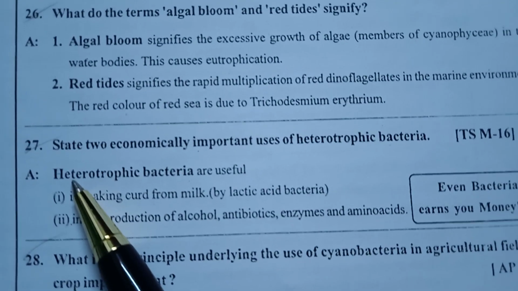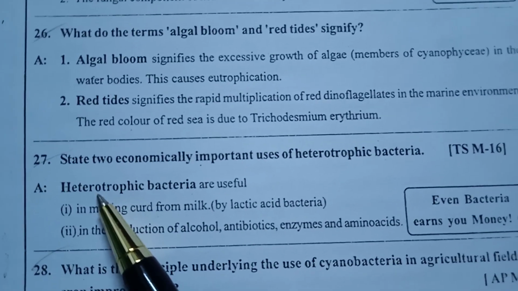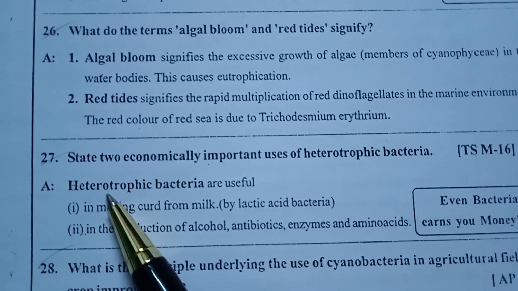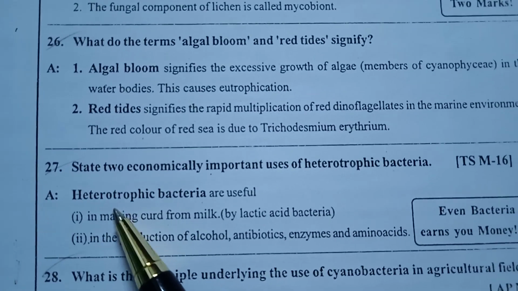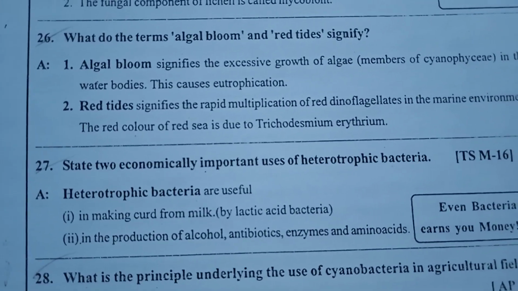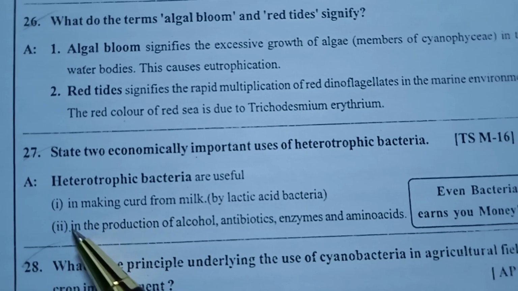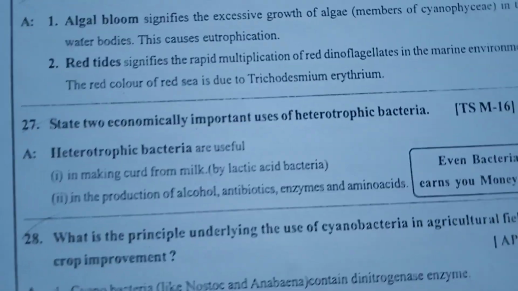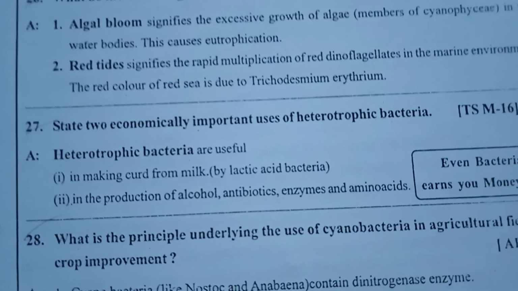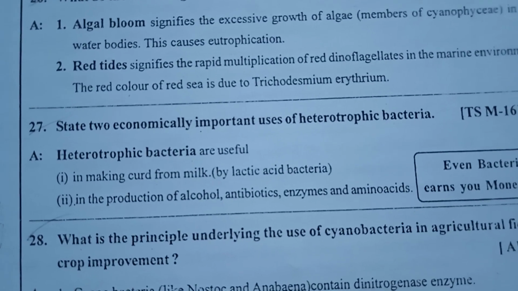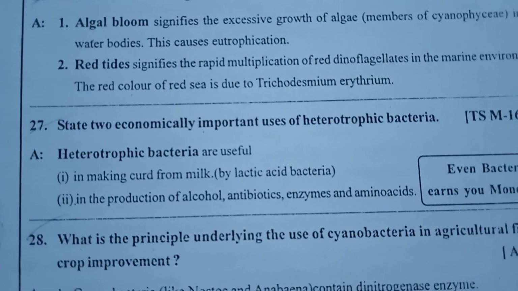It depends on others, but it has useful things also. What are the useful things that heterotrophic bacteria have? First one is making curd from milk. When we make curd in our home, we first warm the milk and put it in the pot.